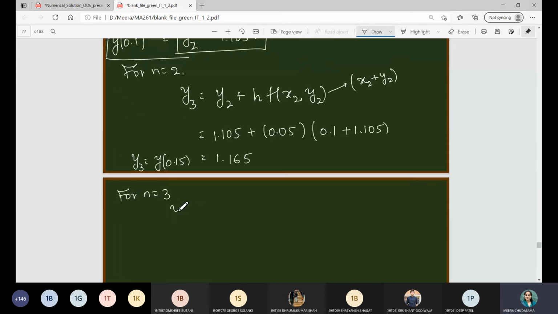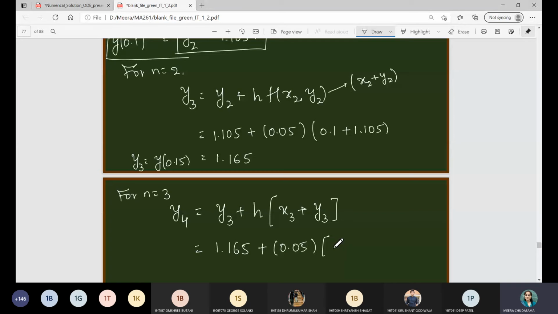So for n is equal to 3, y4 is equal to y3 plus h. Directly I will write the function value, that is x3 plus y3. So this is 1.165 plus h, 0.05, times x3, which is 0.15, plus y3, that is 1.165.